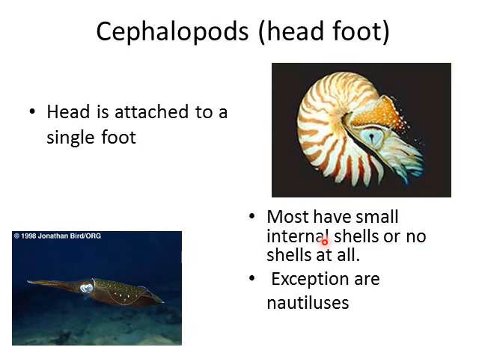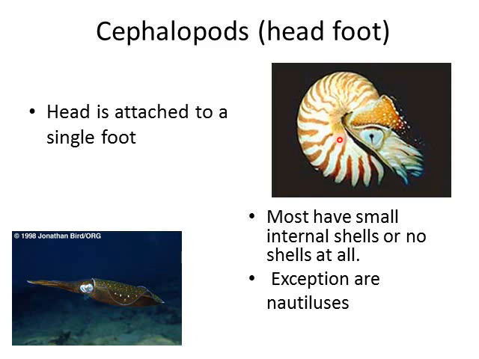Most of these have internal shells, like we saw with the squid, or they have no shell at all. The exception would be the nautilus. The nautilus does have quite a big shell. You can see it here, and here's the eye, and here are the tentacles.